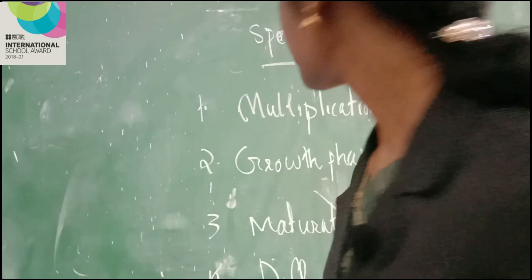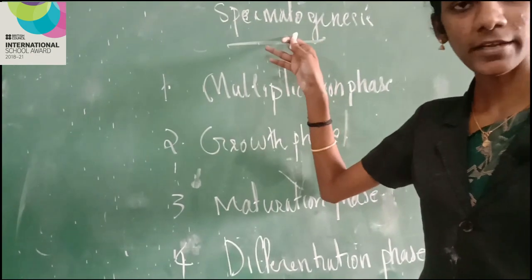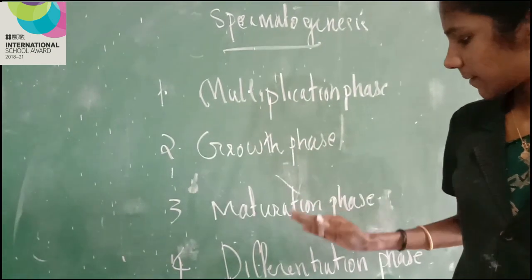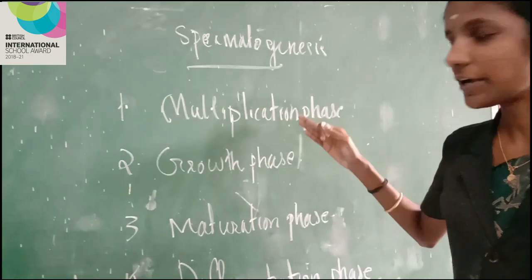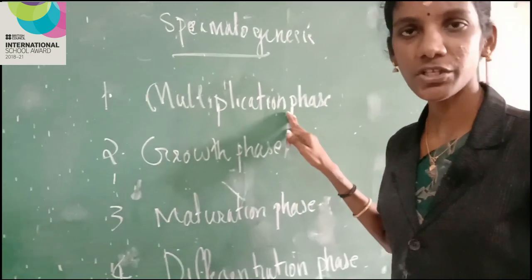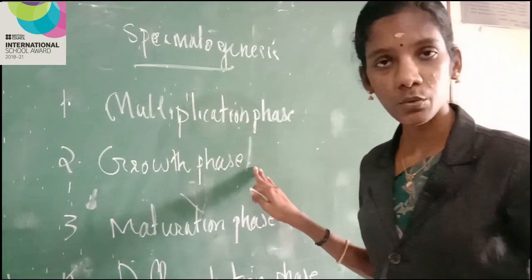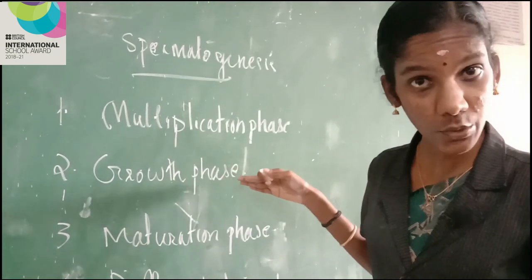So now you might have understood what I have said. There are 4 main phases in the process of spermatogenesis. They are multiplication phase, growth phase, maturation phase, and differentiation phase. In multiplication phase, we will study the changes that may happen in the oogonia during the time of division. And in growth phase, we will study the changes that may happen in oogonia during the time of its growth.